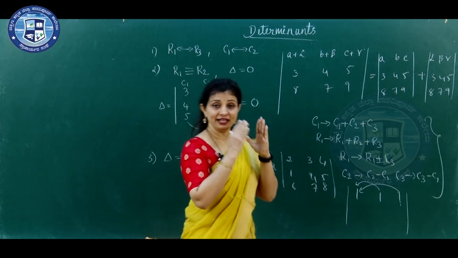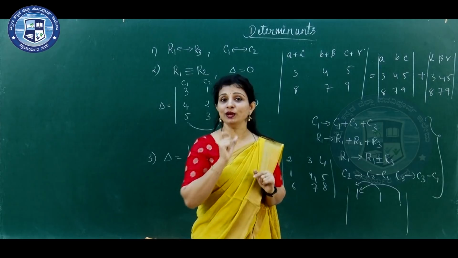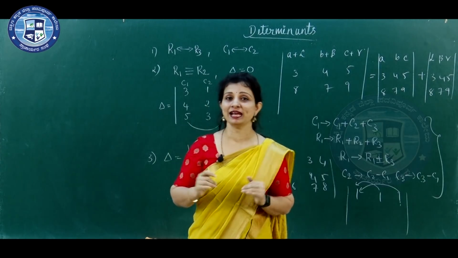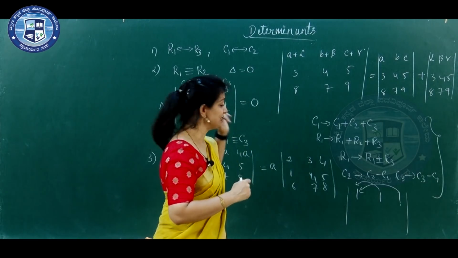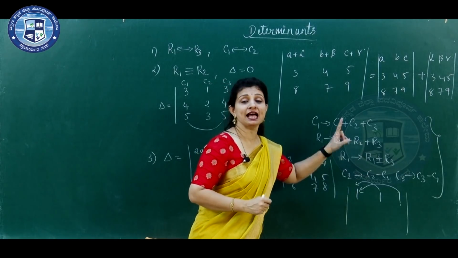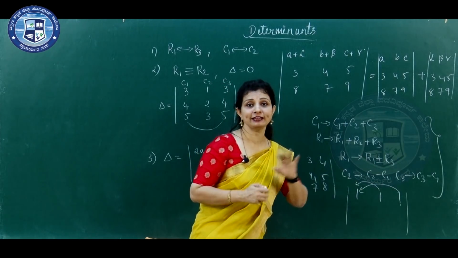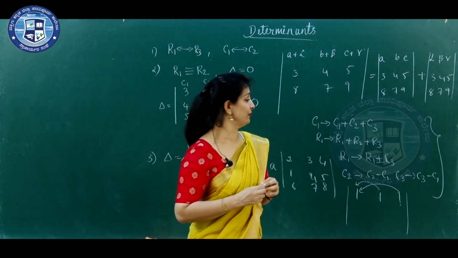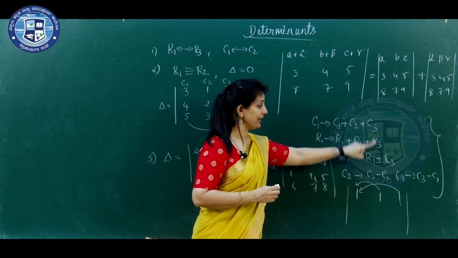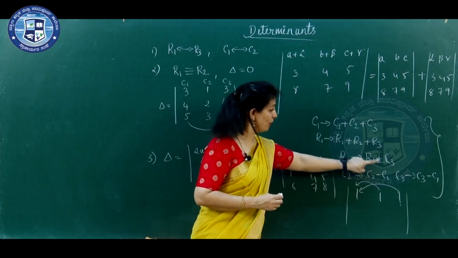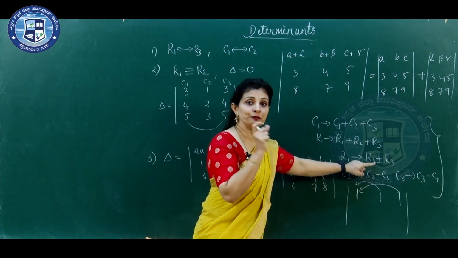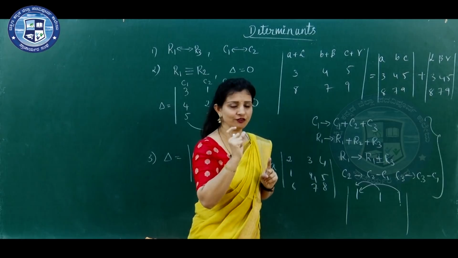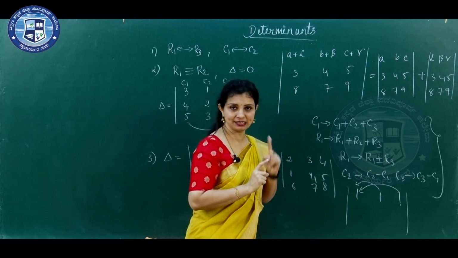And then if in any row or any column 2 elements are 0, it is very easy to expand along the row or column which has maximum zeros, and you get the RHS. So, in this way, first thing, apply any of these operations to get one of the factors of RHS, first tip.